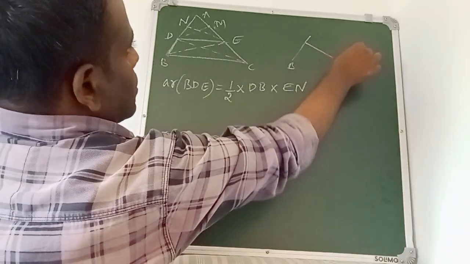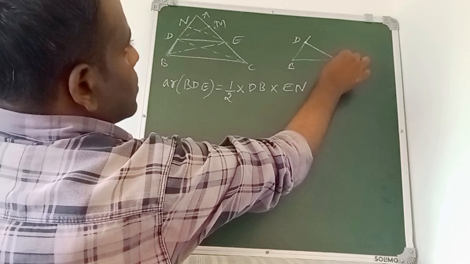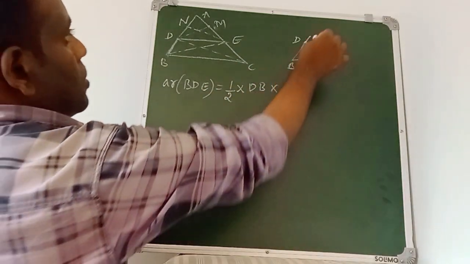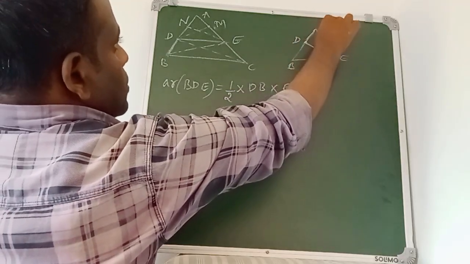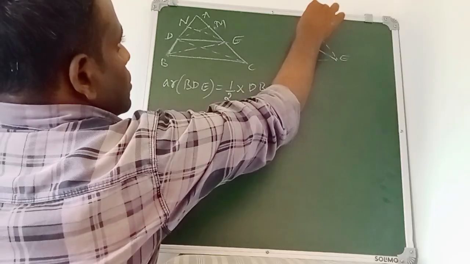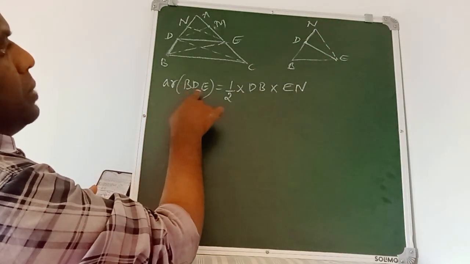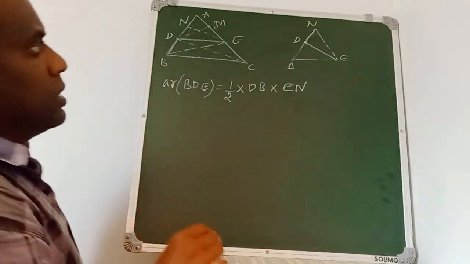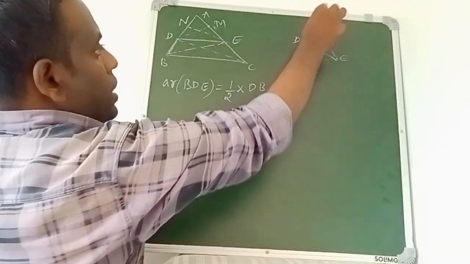BDE. This is EN. So I am considering the area of BDE, this triangle only. But for height I consider this EN. Why?